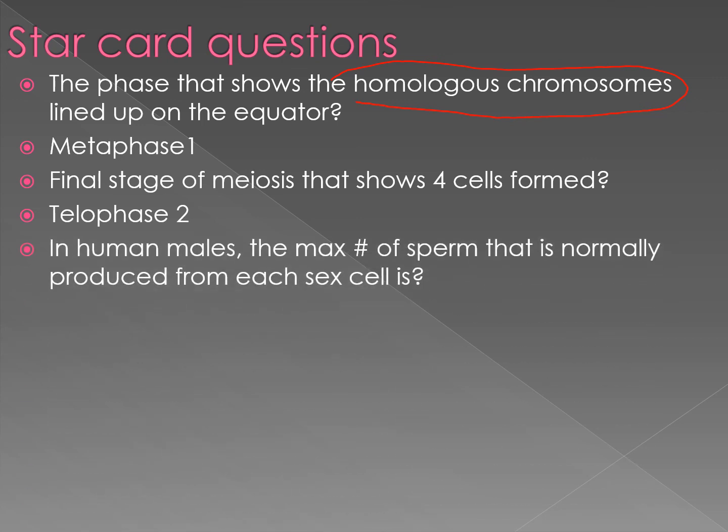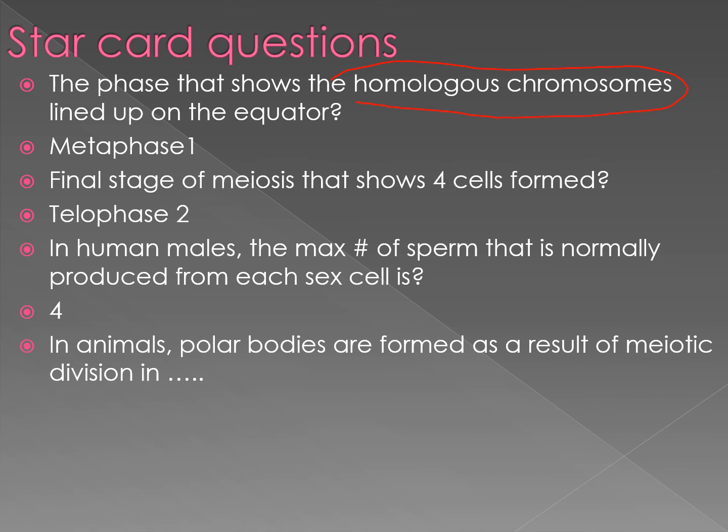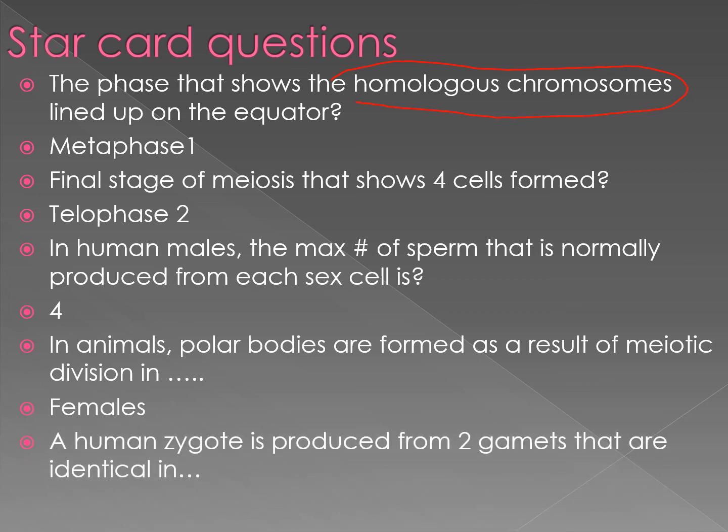In human males, the max number that is produced from each sex cell is how many? 4. In animals, polar bodies are formed as a result of meiotic division in what? Females. In humans, a zygote is produced from 2 gametes that are identical in chromosome number, right?